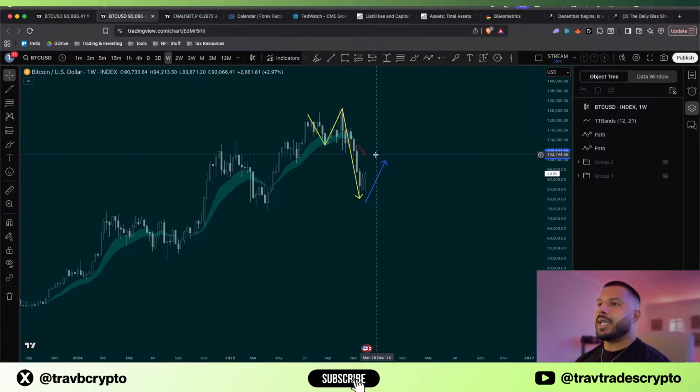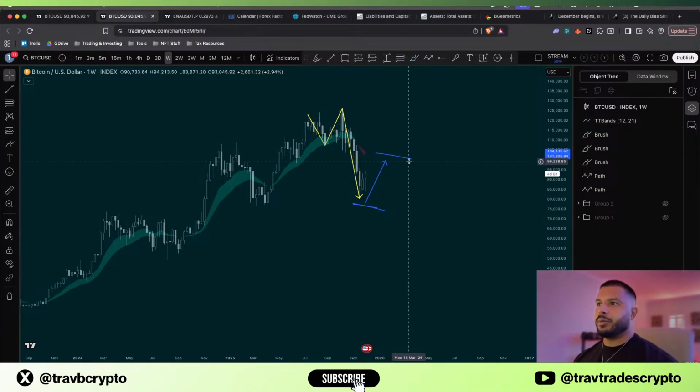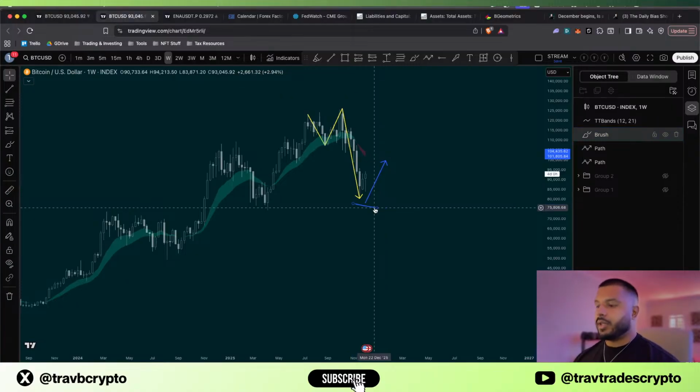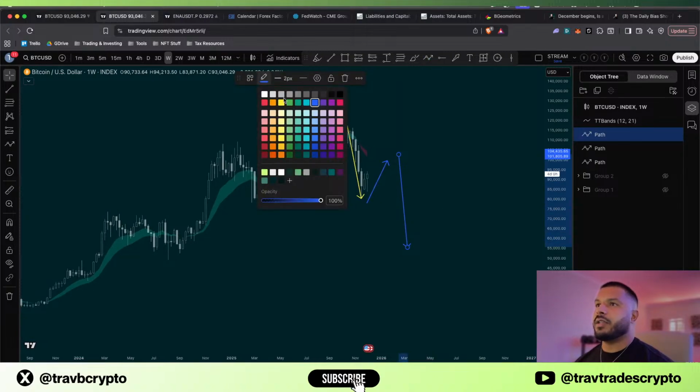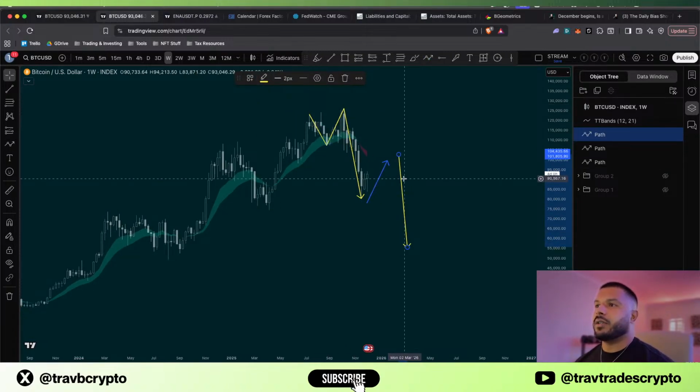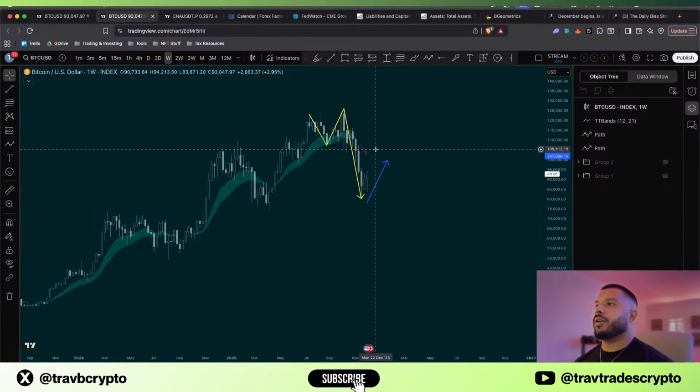Okay, but how I intend to play this counter trend rally is through swing, right? I'll swing trade these primarily through futures and perps, okay? Because the next major move that I want to catch is this one, okay, the continuation of the macro bearish trend, right?